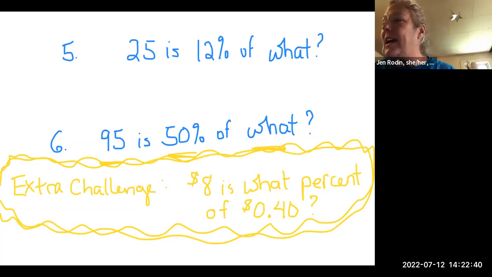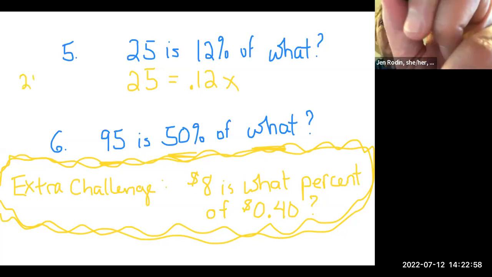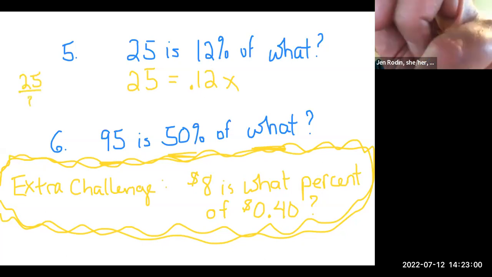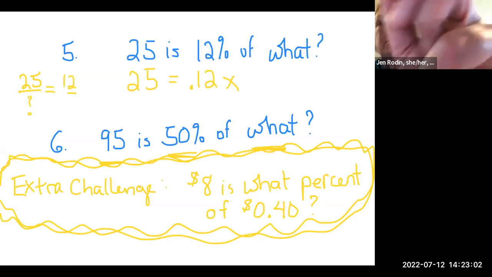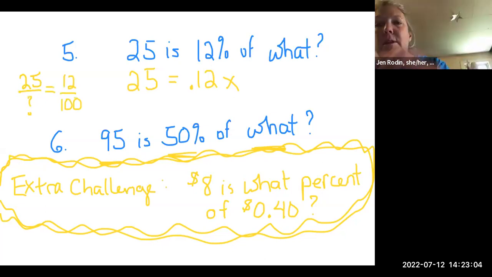But anyway, what if we did this one the equation way? 25 is 0.12, that's 12%, times X. That works. You could set it up that way and solve it, or you could say 25 over what equals 12%. Those are the two main ways to solve these.